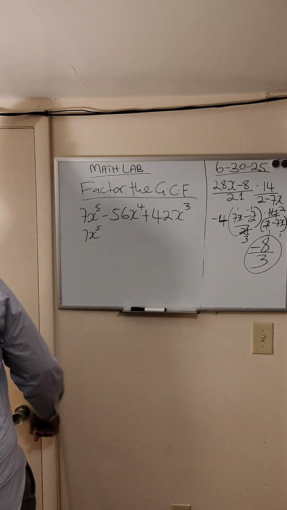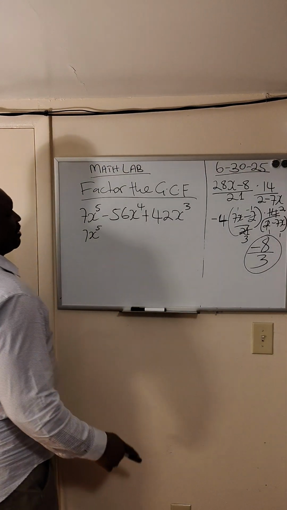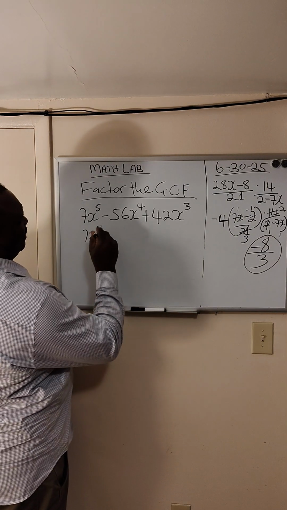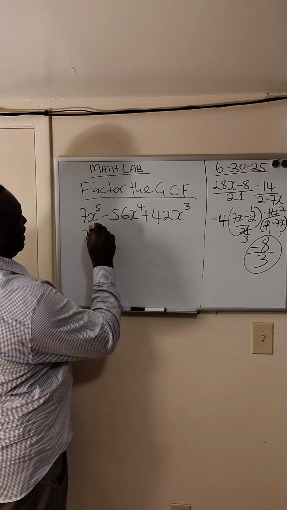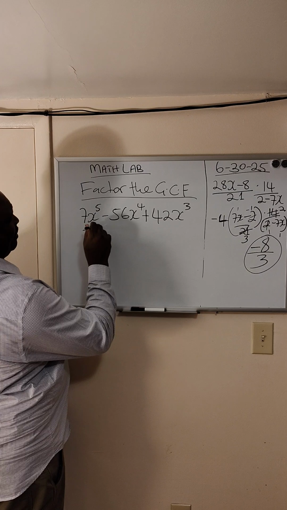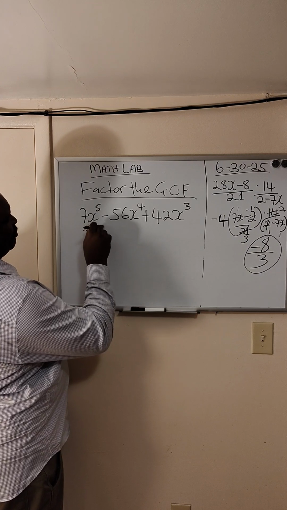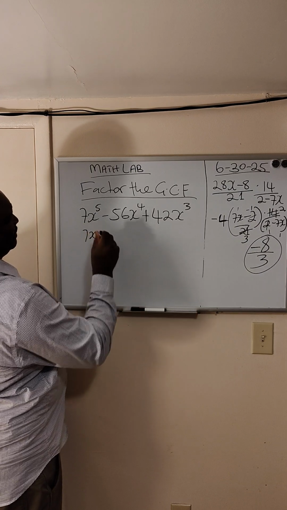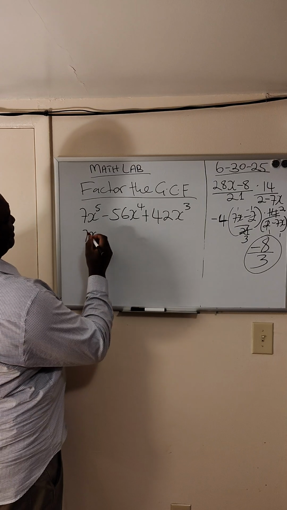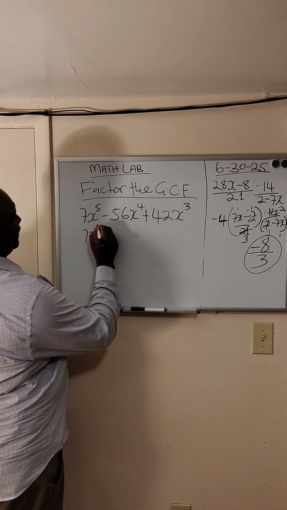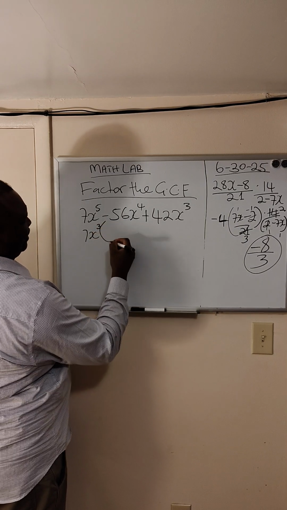So now we are looking for the common factor. Yes, we are looking for the common factor, and now we find that the common factor here would be 7x raised to the power of 3.